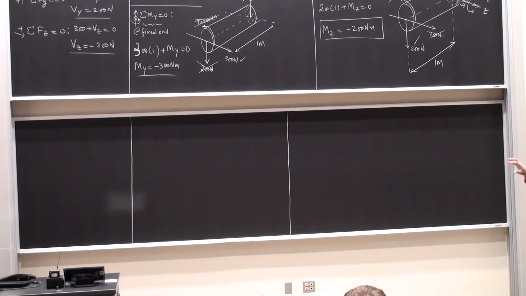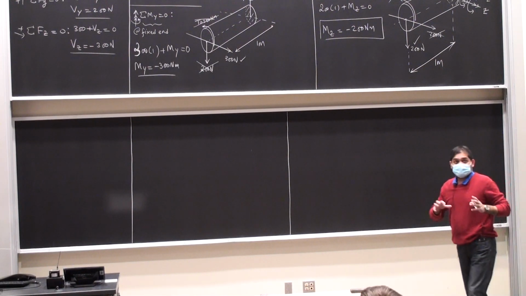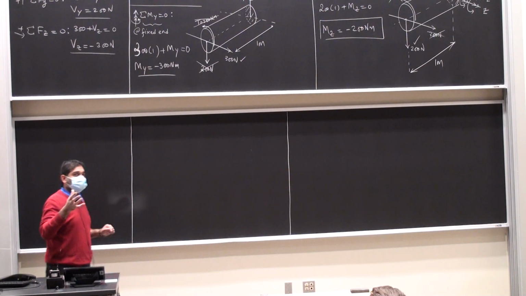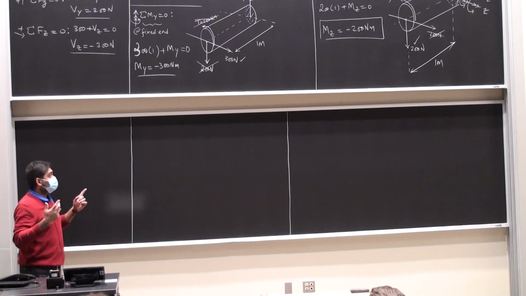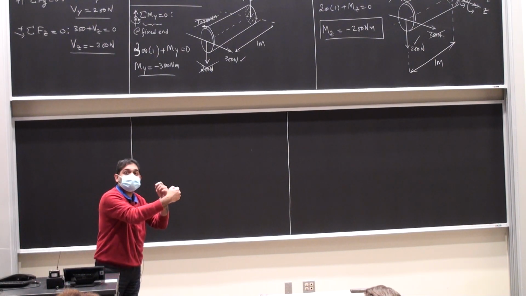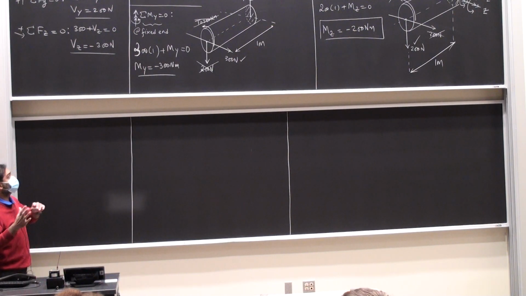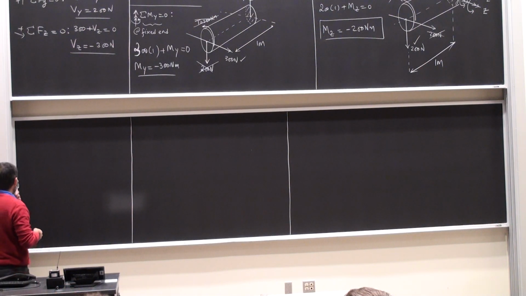Now I'm going to set that straight because I have to find out what kind of stresses they cause. So now I'm going to redraw the free body diagram. Wherever I got a negative value for the moment, I'm going to change the direction and write it as a positive. And you don't need to keep drawing multiple figures, you can just take care of it in the main figure itself.